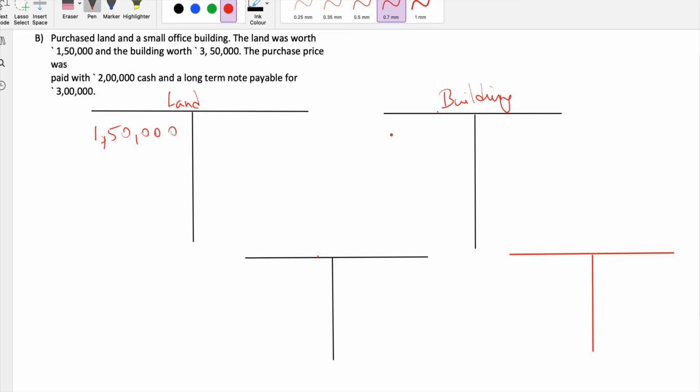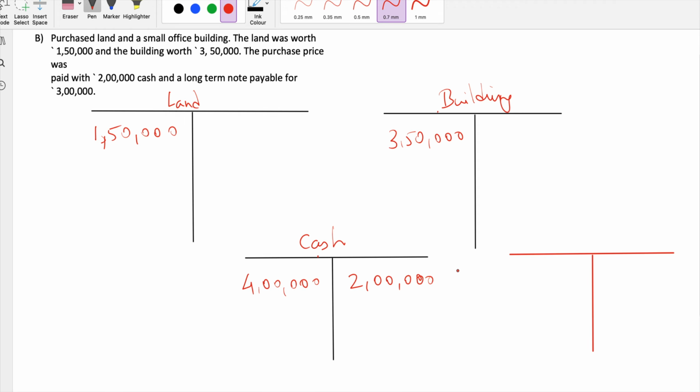Because all these are assets and increase in the value of the asset should be debited. So I am writing this in the left hand side. The purchase price was paid with cash 2 lakh. Okay, so first 4 lakh cash has come in the previous transaction. Now there is a decrease in cash. The cash is being paid, so that's why I am crediting.